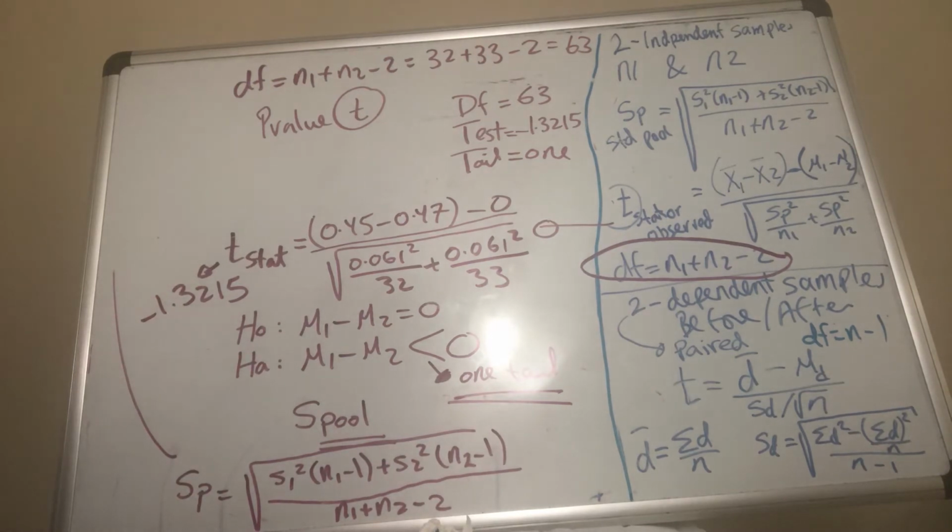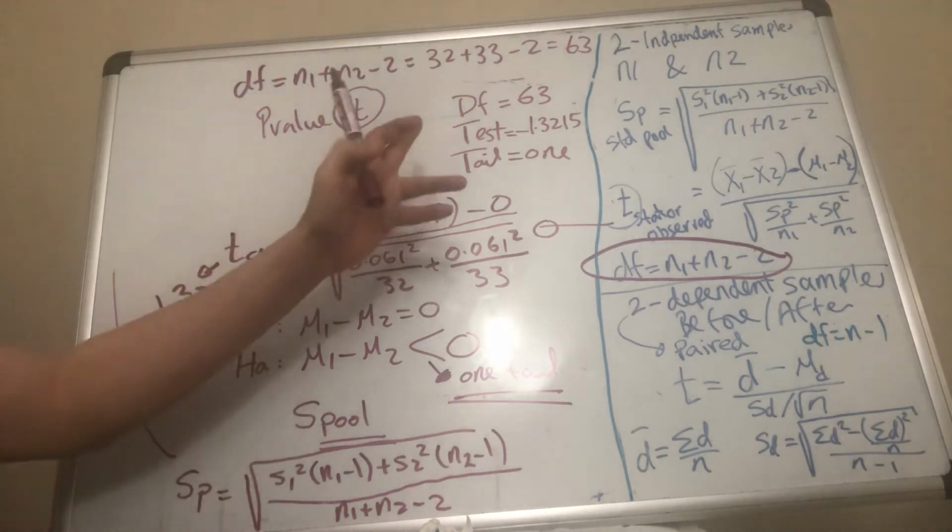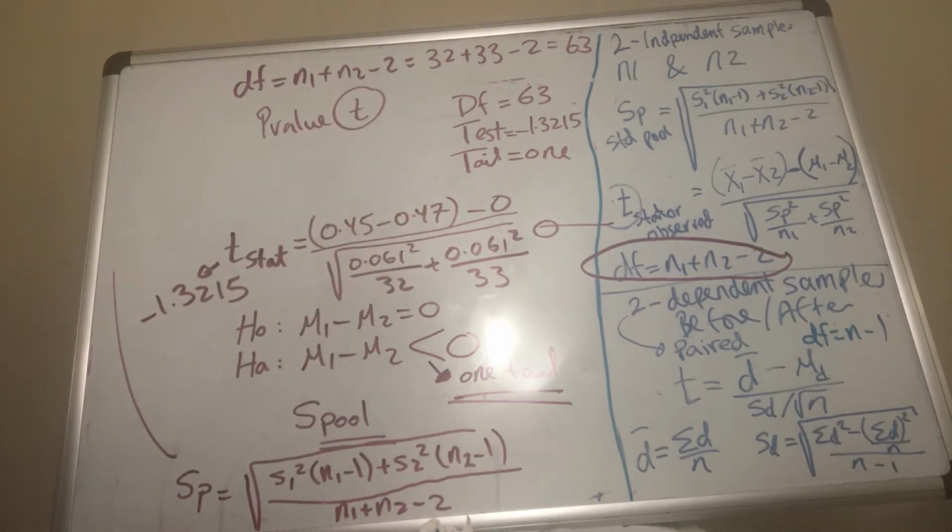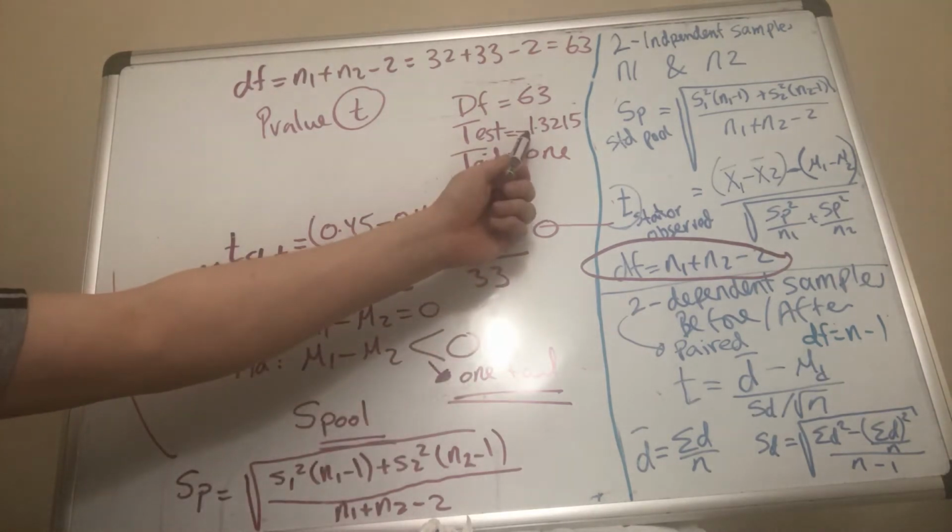So you go to your t-table. Now in the t-table, you go to the degrees of freedom 63. There is no 63, so I'm going to use the closest but less. I'm going to use 60. That's the closest to 63 but less. And then I'm going to look for this number. Forget about the negative.